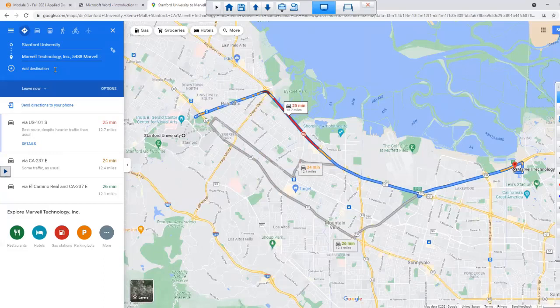I guess the reason it's 25 minutes because there is a car accident right now. If the traffic is clear, it should be 15 minutes. Thank you, Google. Now you know, right?